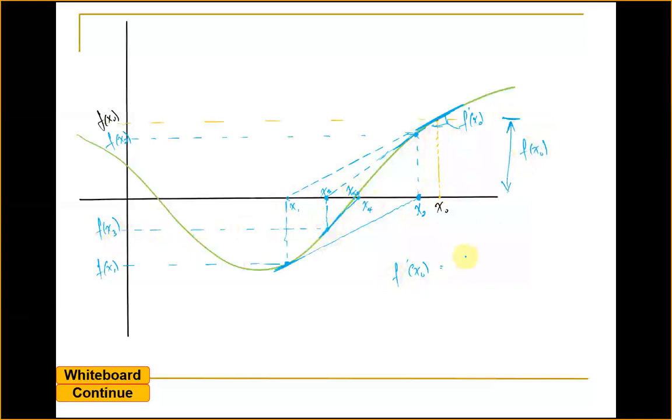Everybody agree that that's a rise? Yes, sir. And the run would be this, just right here. And what is that run? That run would be x naught minus x1. Everybody agree with that?